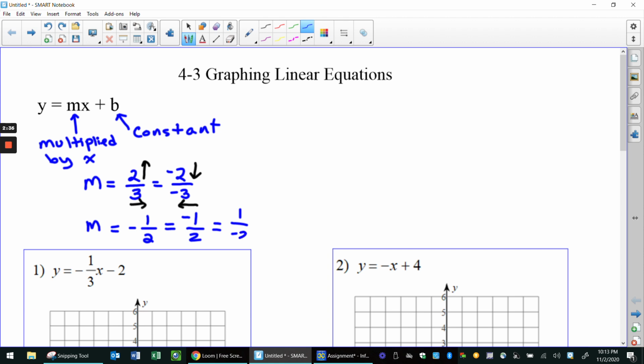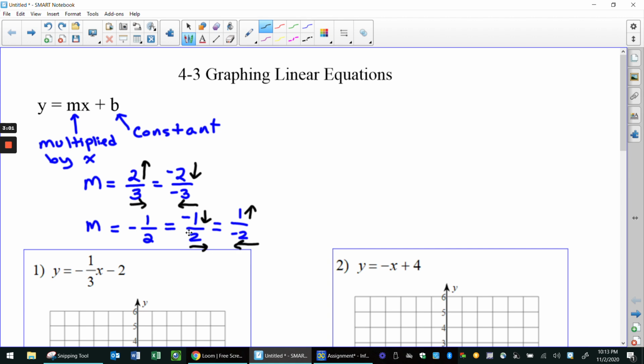We also talked about this last week as well, which also the movement will be for the negative would be going down in the numerator and to the right in the denominator when it's positive. And positive in the numerator means your movement is going upward, and negative in the denominator means going to the left.